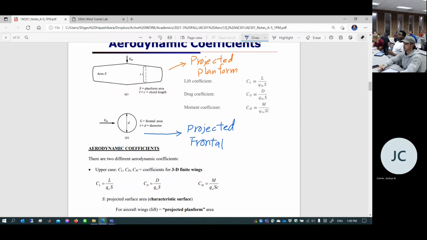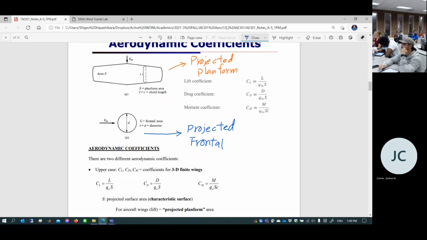Projected frontal area. Also a parachute: when you deploy the parachute, how much area do you see from the front? Called projected frontal area. That is going to be the meaning of area S for all the lift, drag and moment coefficients. So the meaning of S depends on your application. Be careful about that. Go ahead, Stephen.